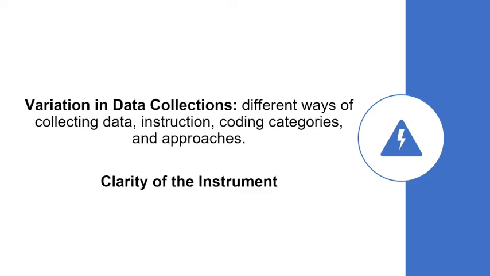Next, variation in data collection. So, different ways of collecting data, instruction, coding categories, and approaches. That's why later on, if you are making your questionnaire, I usually give my students the guidance that you should have a very clear instruction. That instruction should not be appropriate only for a student nurse in college level, but should be appropriate for somebody who finished high school.